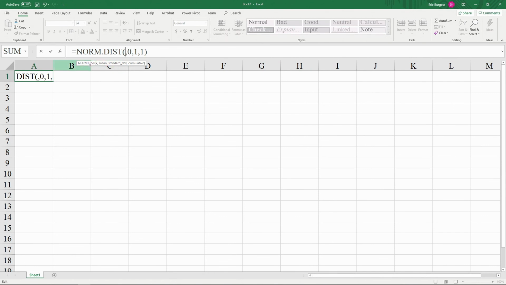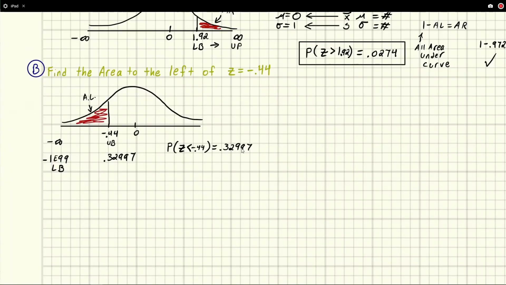So we want negative 0.44, so we put that in. And we do want cumulative on. And now we just hit enter. We get 0.3299, and again, we could get very accurate in Excel. You can change how many decimals it'll show. It's pretty awesome. And so we can see we get the same thing as what we got here.